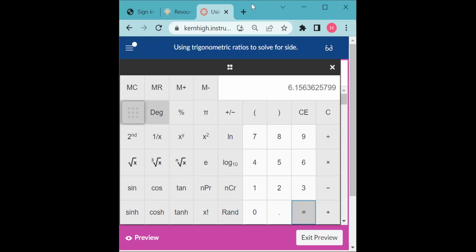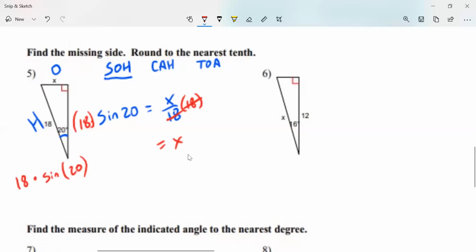If I said hundredth, that sounds like 100, a 1 with 2 zeros, so I would mean 2 decimal places. Okay, so I mean nearest tenth. For right now, let me just write this with 2 decimal places, even though I need to write 1 decimal place. So according to my calculator, I got 6.15.